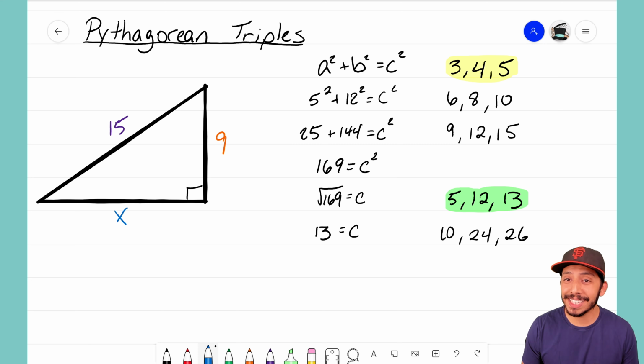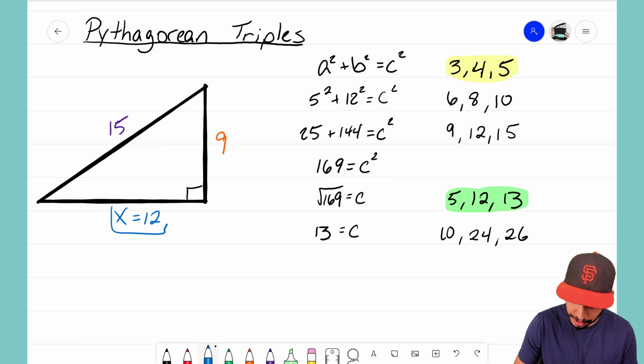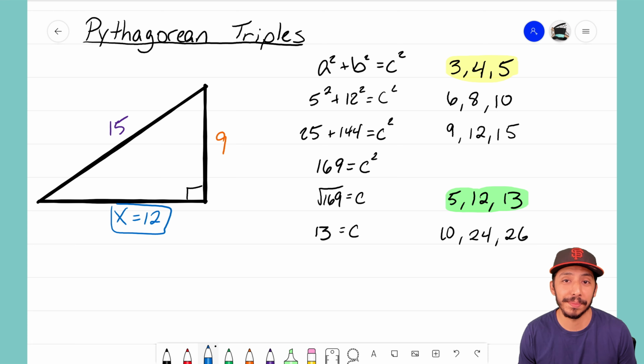So I look over here at my list, and I remember that the 3, 4, 5 triangle, when I multiplied it by a factor of 3, has another Pythagorean triple that's 9, 12, and 15. Since the 15 matches up with the hypotenuse, and the 9 matches up with this leg, instead of doing Pythagorean's theorem, I automatically know that x here equals 12.